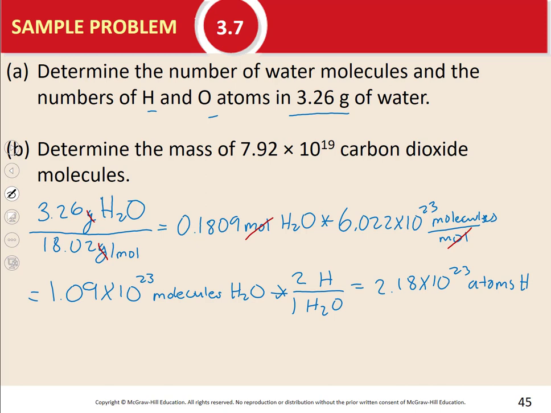What would the ratio be for oxygen? 1 oxygen to every 1 H2O. So how many atoms of oxygen are there? Good.